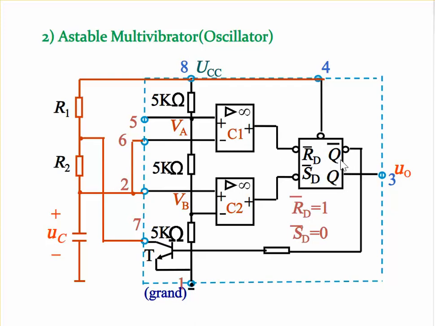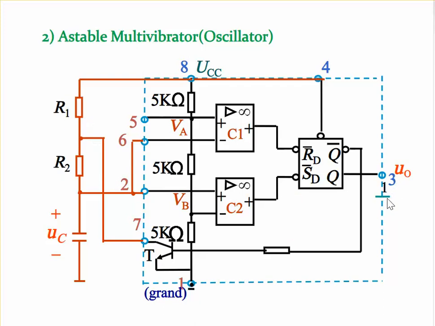When the reset is high, we will have Q equal to 0, whereas Q bar will become 1. That 1 value will pass here to the transistor. This transistor is actually a ground connector transistor which will bypass the voltage value. So one of the resistors will be disconnected.